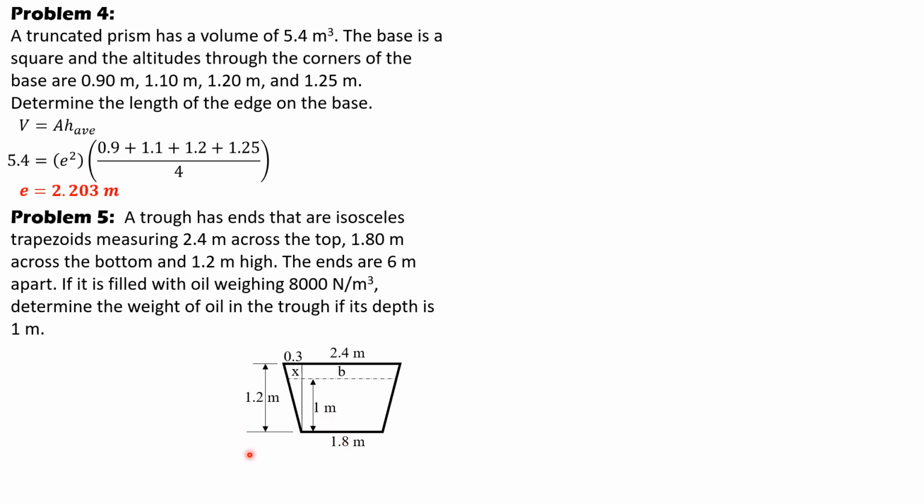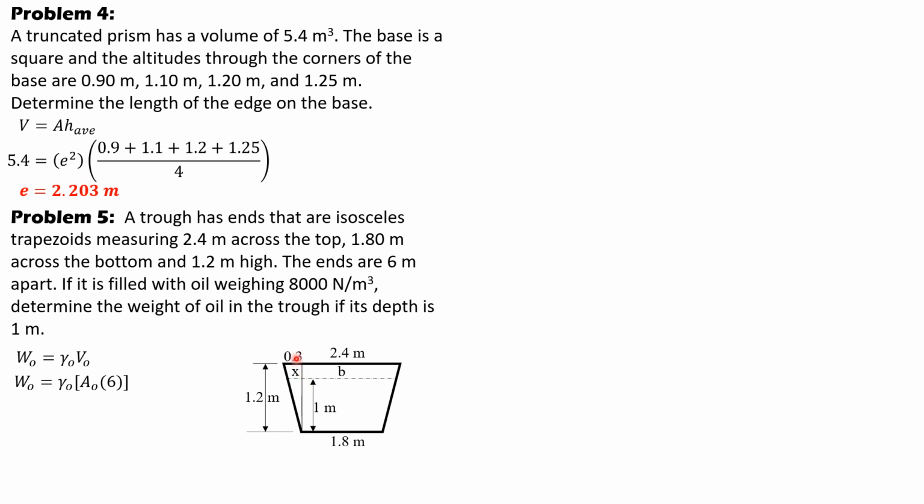So the weight of oil equals the specific weight of oil times the volume of oil, so 8 gamma of oil times area of oil times 6, where we need to solve for x by similar triangles.